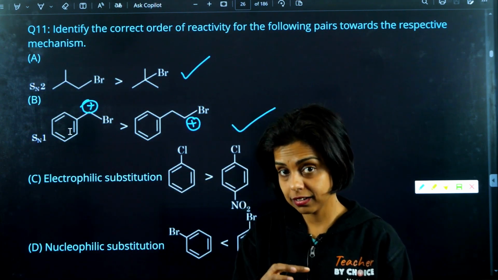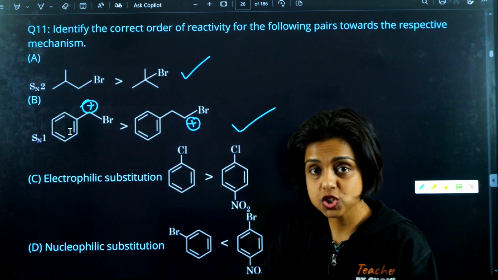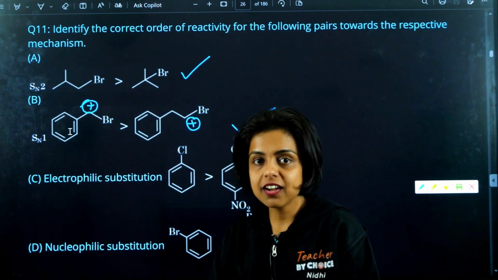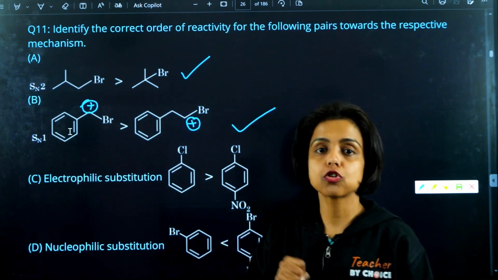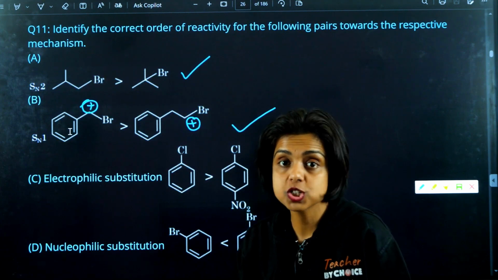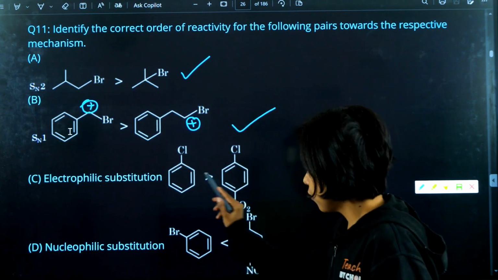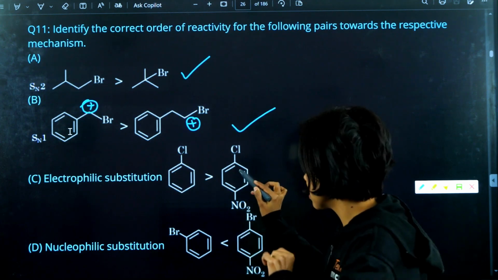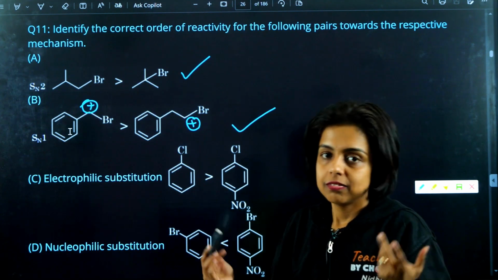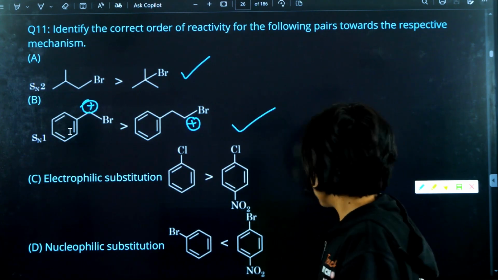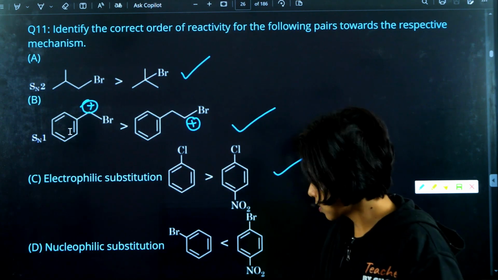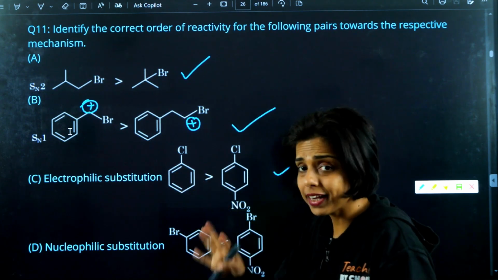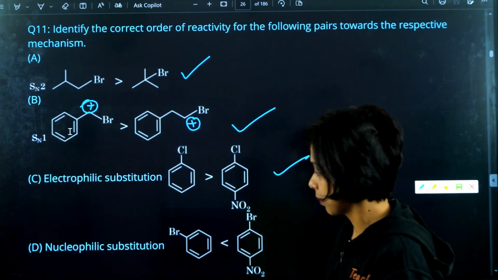The electrophile should attack the benzene ring, and an electron-rich benzene ring is favored, because the electrophile is electron loving. Comparing the two, the nitro group is an electron withdrawing group, which decreases the electron density of benzene and hence doesn't favor attack of the electrophile. So this is also correct, the other being more reactive because of more electron density on the ring.